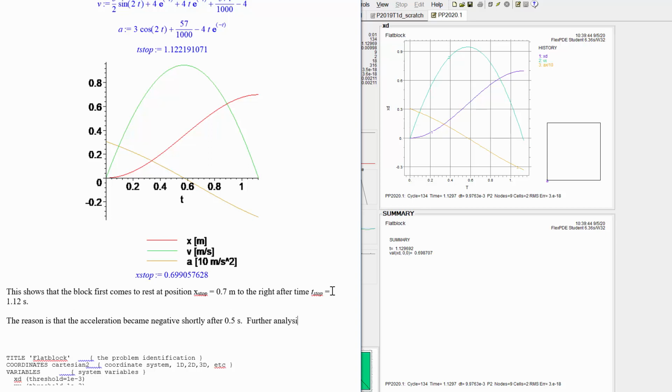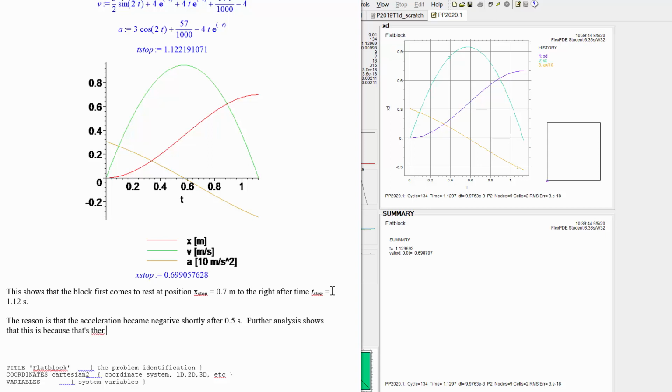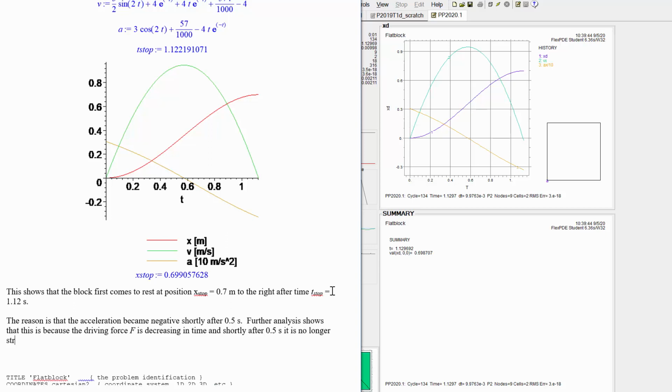Further analysis shows that this is because the driving force F is decreasing in time, and shortly after 0.5 seconds, it is no longer strong enough to overcome the friction.